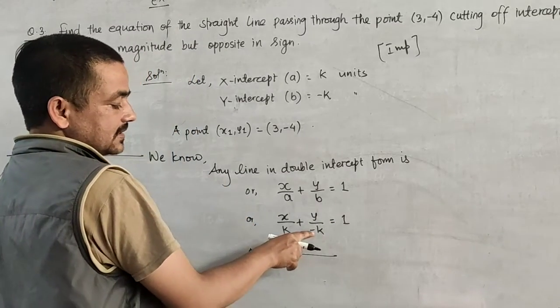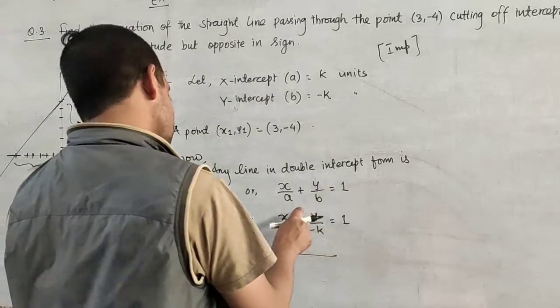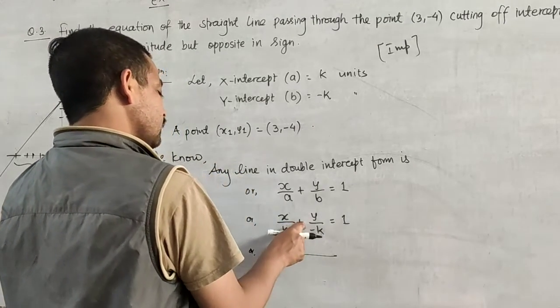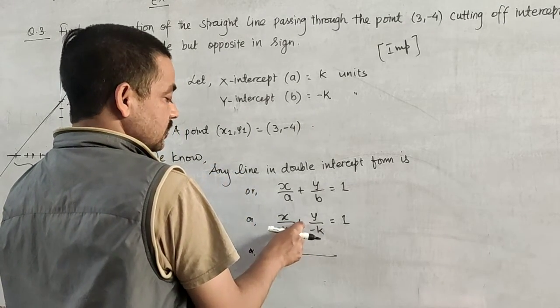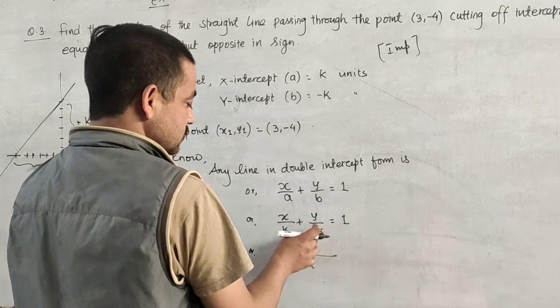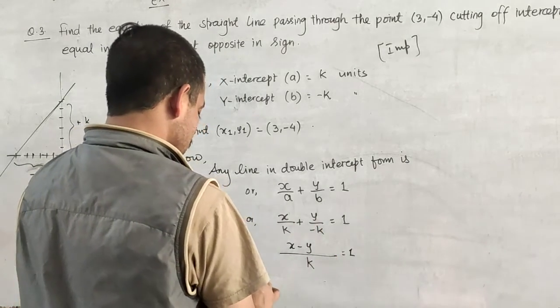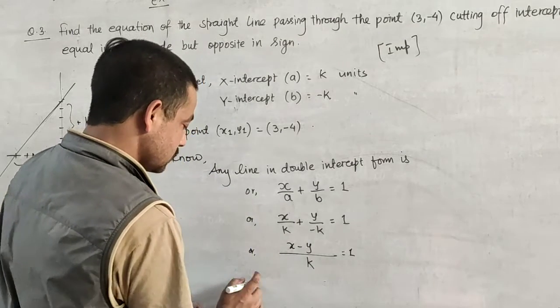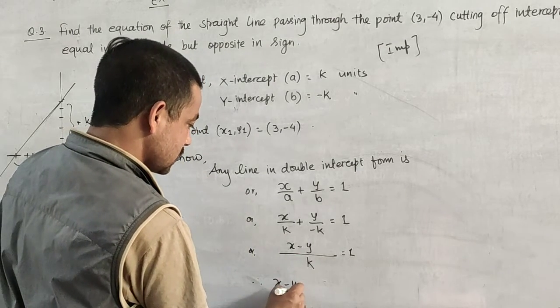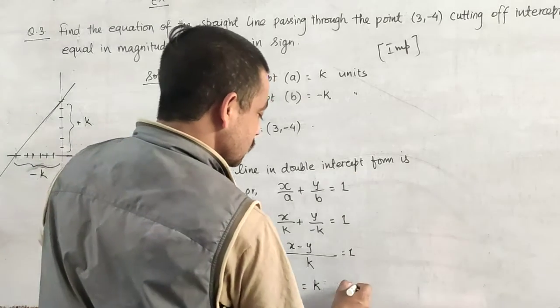That negative sign changes its value, this one positive, this will be negative. You can take common LCM. x minus y equals k.